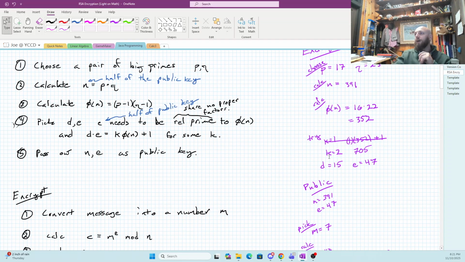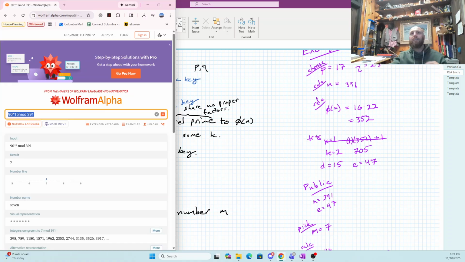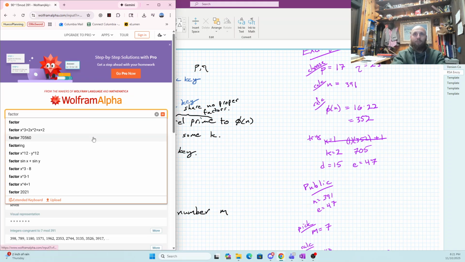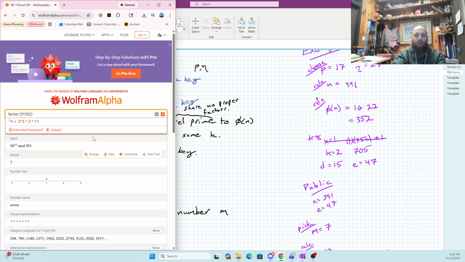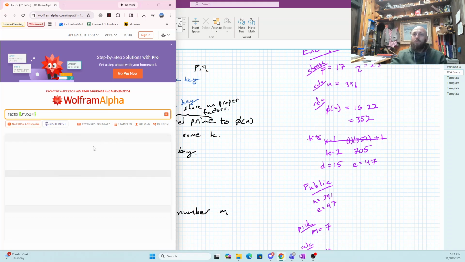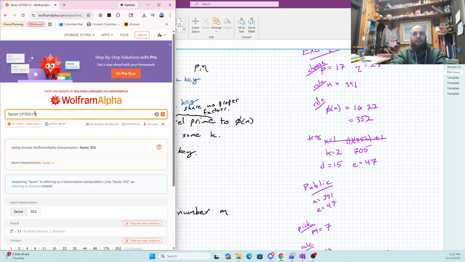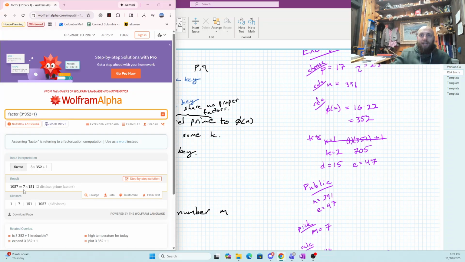We can vary our D and E as well, right? This happened to work for K is 2, right? But if I pull my Wolfram back up here, let's try to factor some other version. So let's factor, say, 3 times 352 plus 1. Dang it. I did it again. Okay, so this one, if we picked K as 3, would give us 2 prime factors, 7 and 151.